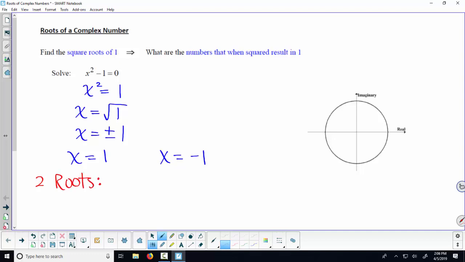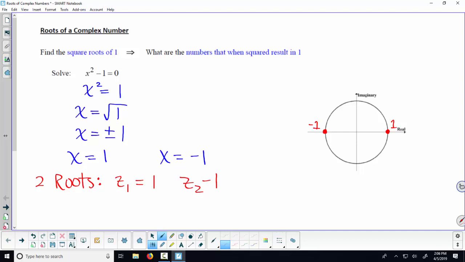And they are, we use the letter Z to represent complex numbers. So we can say one of our complex roots is 1, and our other one is negative 1. If I graph those complex numbers in the complex plane, I've got 1 is here, and negative 1 is here, both on the real axis.